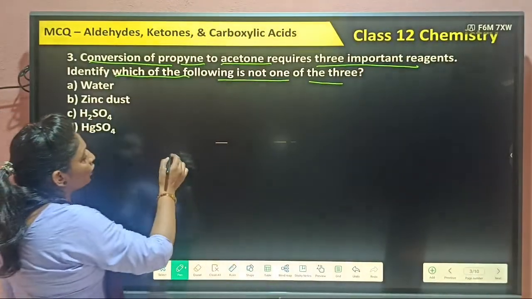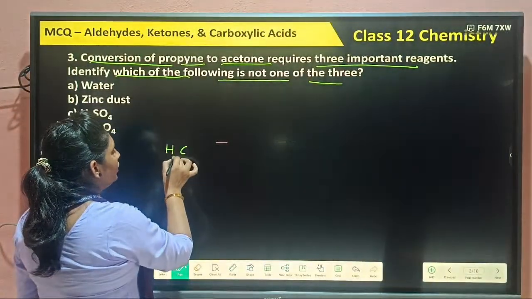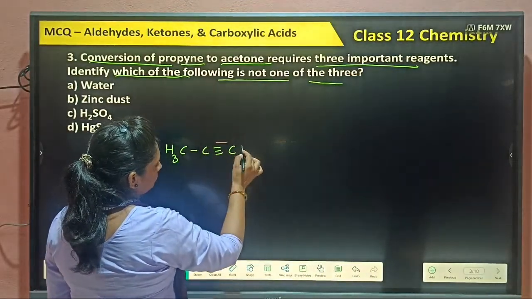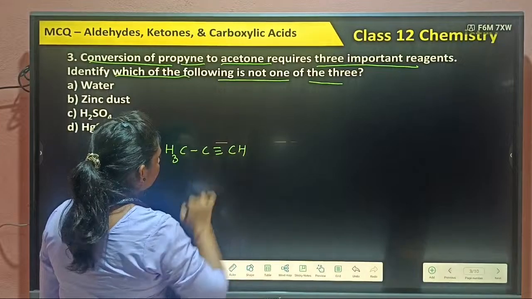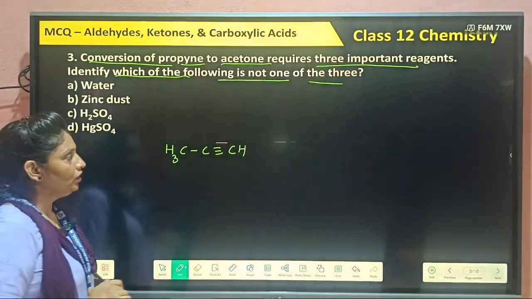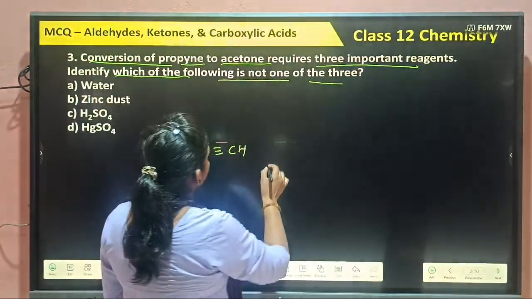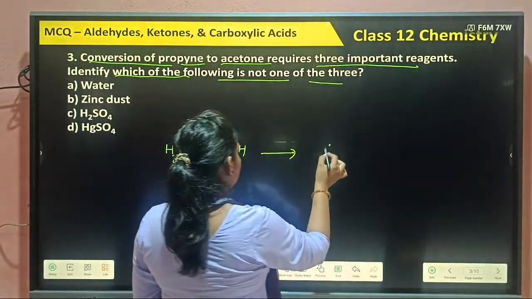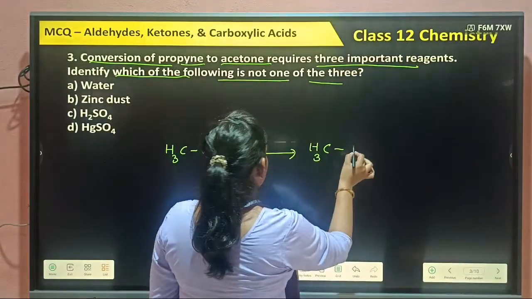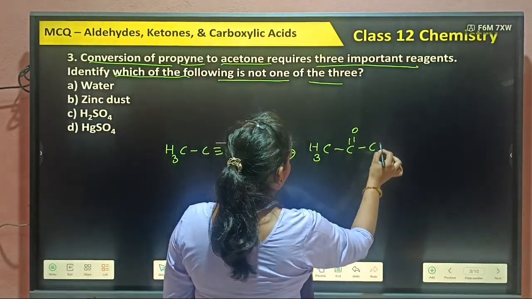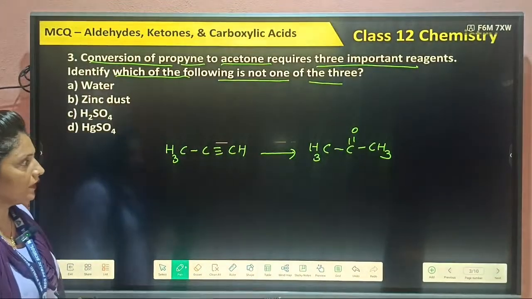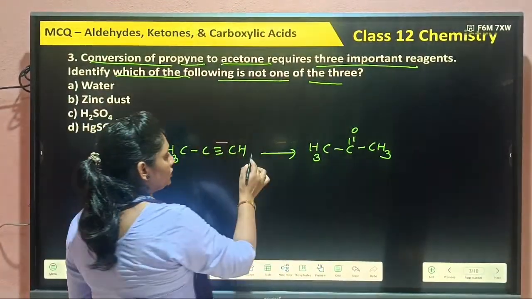We have propyne, and we want to convert it into acetone. So how can we convert?